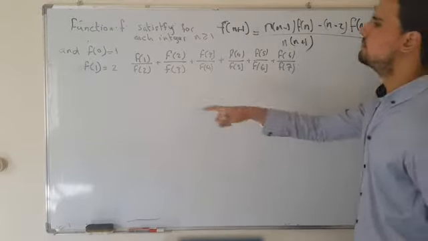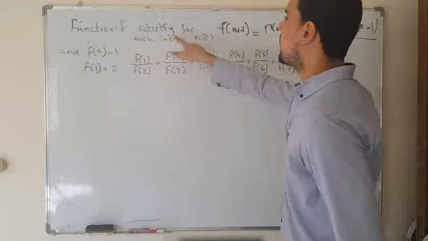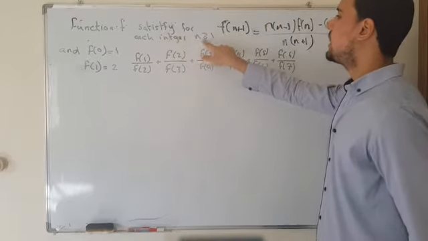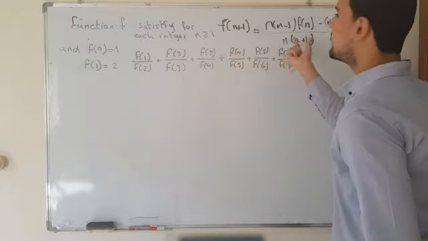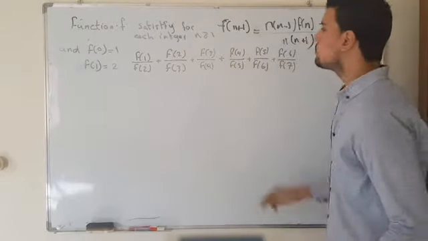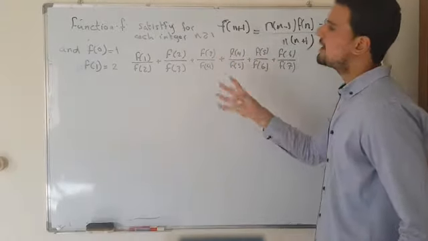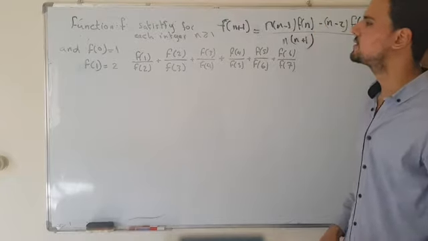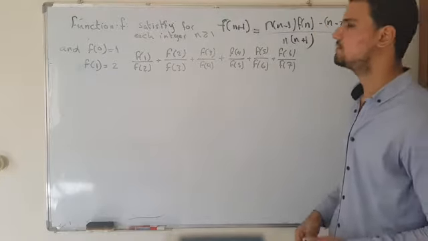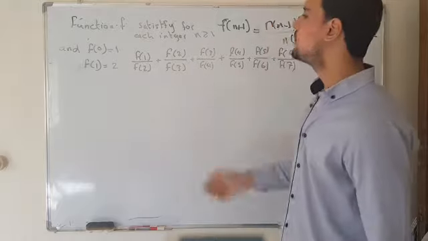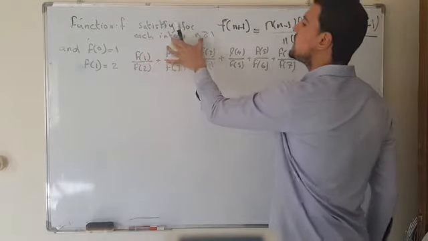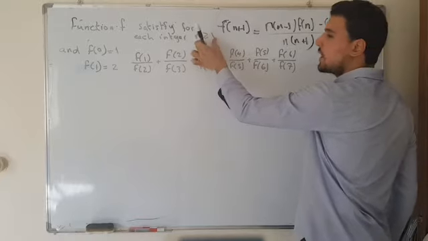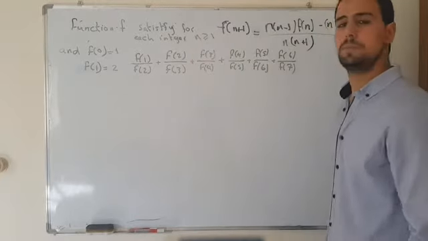But let's read. Function f satisfies, for each integer n larger or equal to 1, the following relationship. What does that mean? I read the sentence, but it does not make full sense, does it? Let's explain. It satisfies this relationship for each integer n larger or equal to 1.